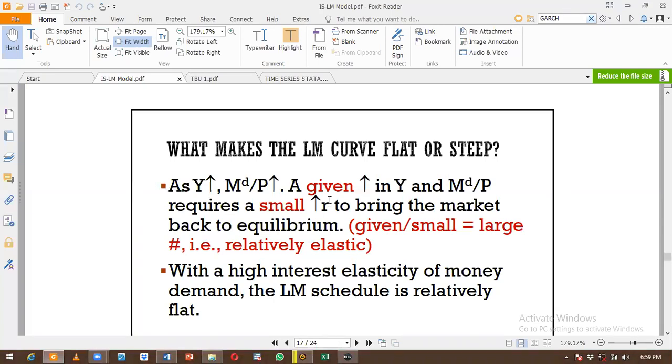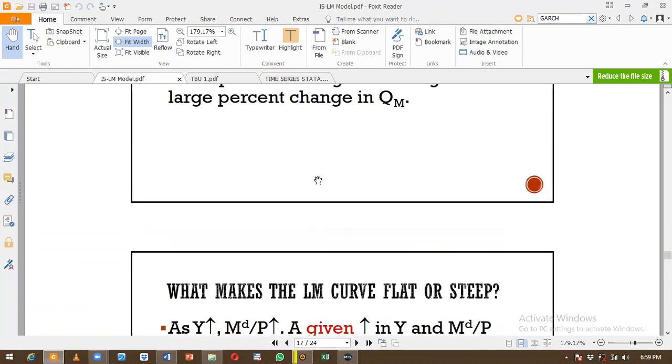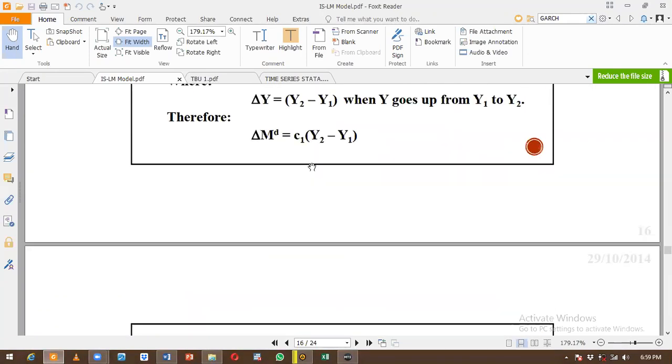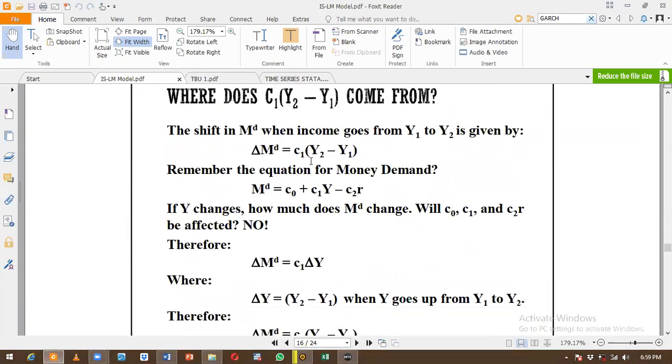And it's all because money demand is more sensitive to changes in interest rate. So just know that as the money demand sensitivity to interest rate increases, the curve becomes flatter. But in a case where the money demand is less sensitive to interest rate, it becomes steeper. Please take note of this.